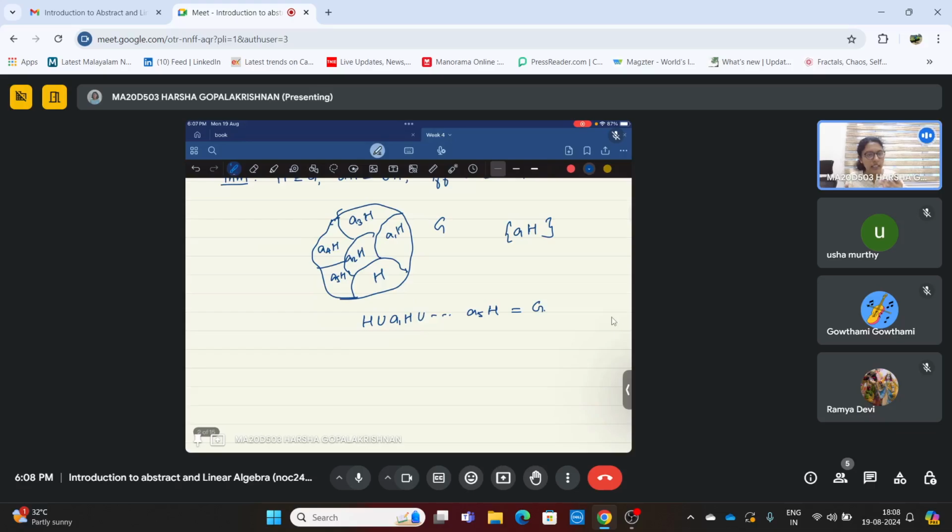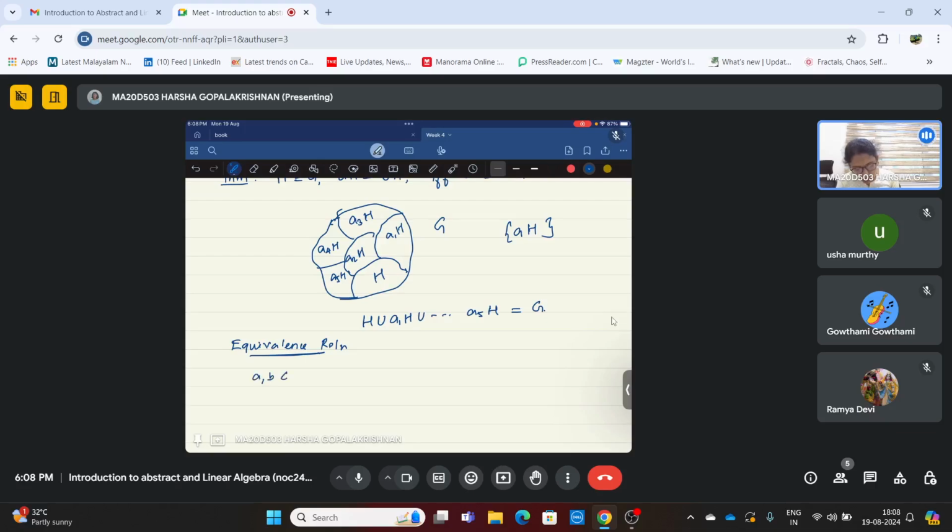And how does the equivalence relation come? These classes are obtained as equivalence classes. What is the underlying equivalence relation? That we will also recall.